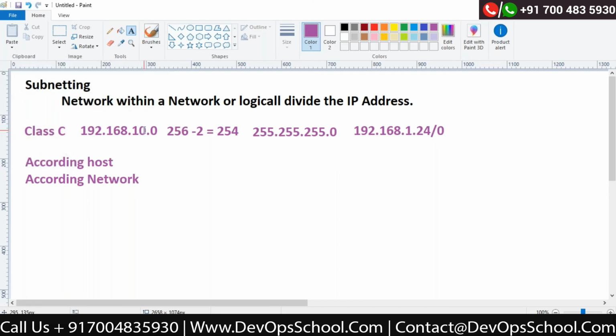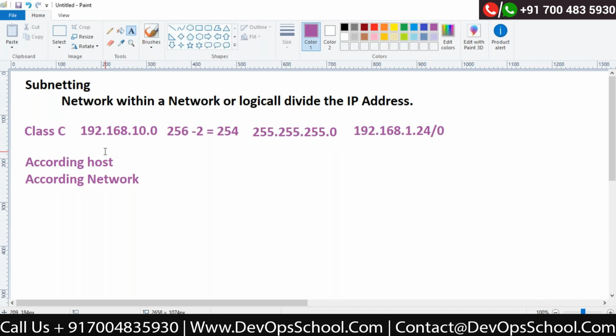Currently I have only one network with this particular number of IP addresses. Now I'm logically dividing this number into smaller chunks, so I will get multiple networks, and within those networks I will get multiple IP addresses. That could be done according to the host, meaning how many IP addresses you require, or according to the network, meaning how many networks you require within this particular IP address.